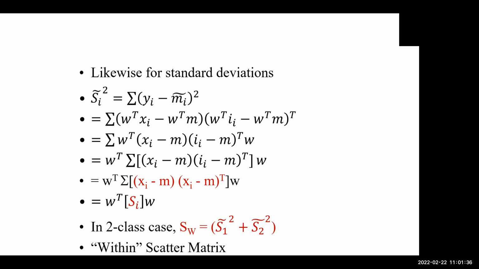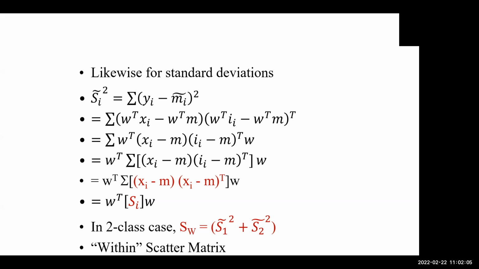And in a 2-class case, we'd add up those 2. And we're going to call it SW, the within scatter. Pick a name for it. The community calls it SW. You can call it whatever you want. We've got 2 classes.